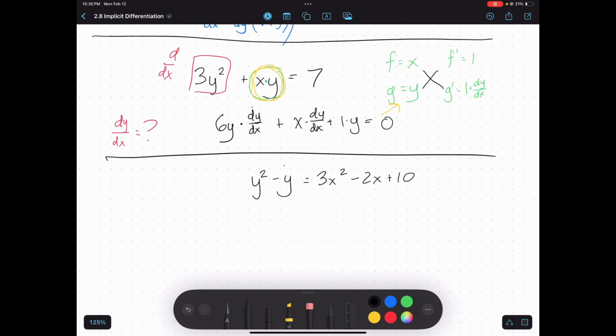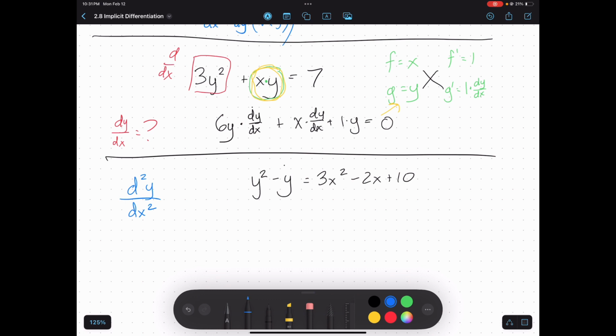Okay, last thing I wanted to cover is, going back to this equation that we started with, I know that in order to find the first derivative, dy over dx, I need to use implicit differentiation, mostly because of that left side. But what if instead I wanted to find the second derivative?